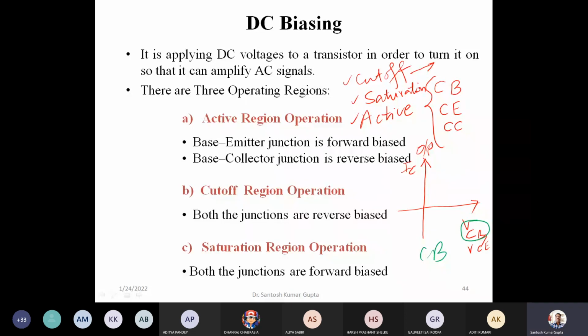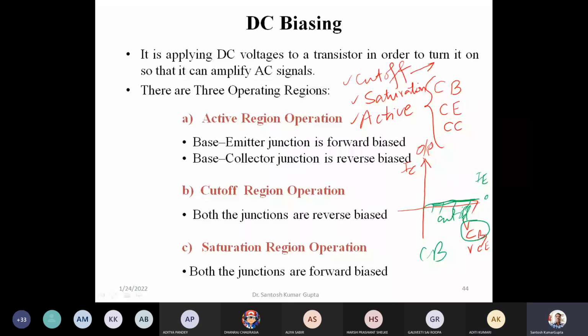For different emitter currents, we can think of changing VCB and getting IC. So for a particular value of IE, say IE is equal to 0, we have some leakage current, and below this we have designated the cutoff region.